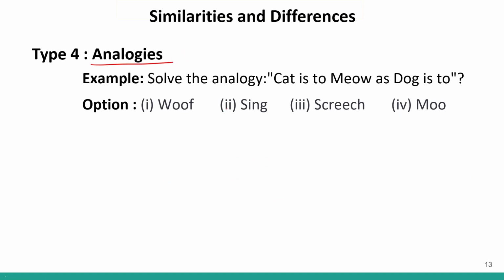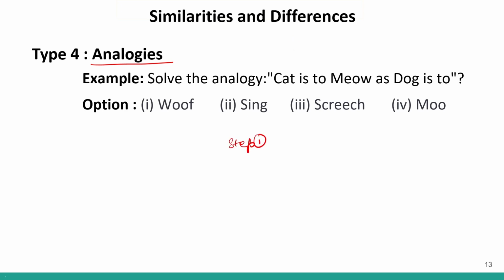So analogies, I already told you, it is comparison between 2 objects or 3 objects to follow a pattern. So in analogy, we have 2 pairs, right? We have 2 steps to complete a question of analogy.